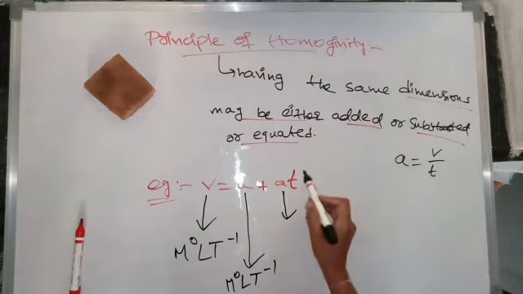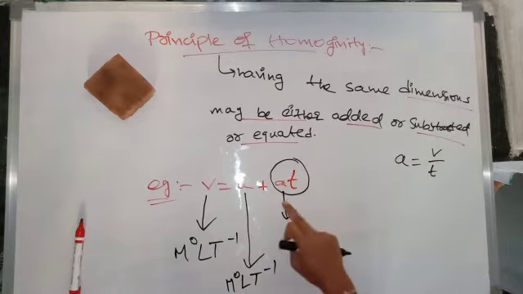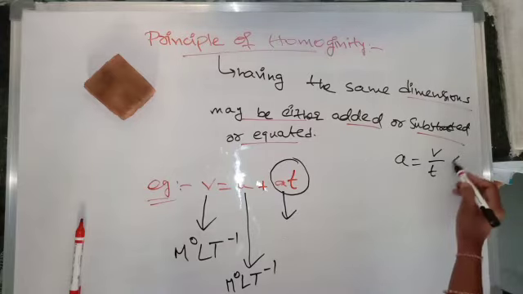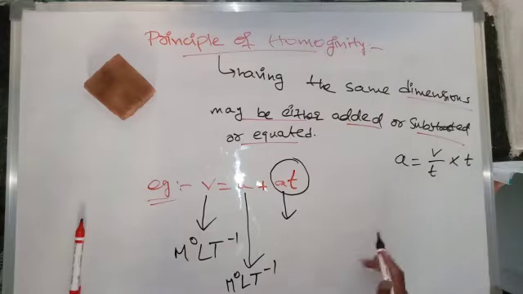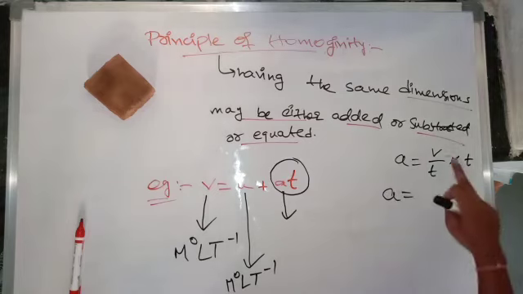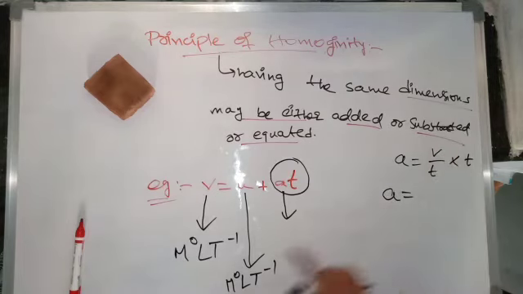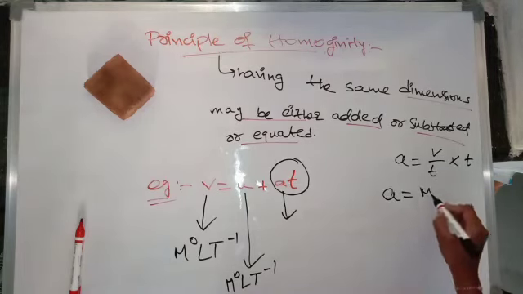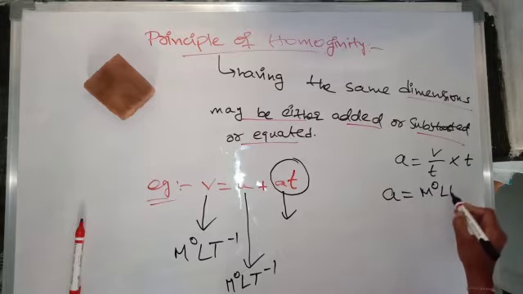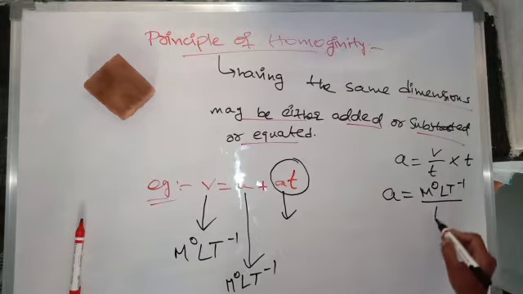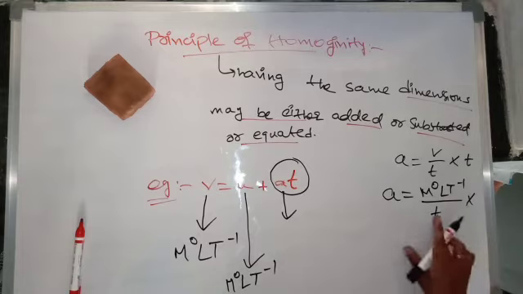I will derive the complete a into t here. Velocity's dimensional formula is M naught L T power minus 1, by time t, into time t.